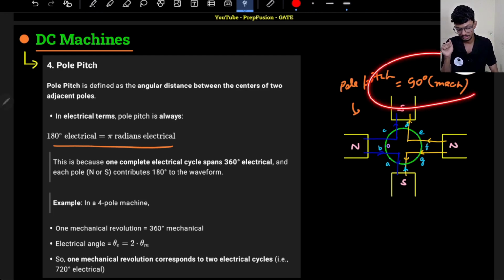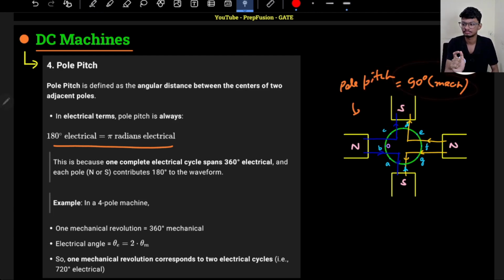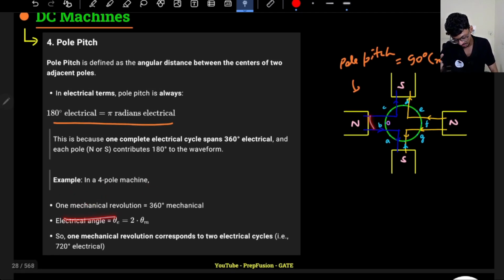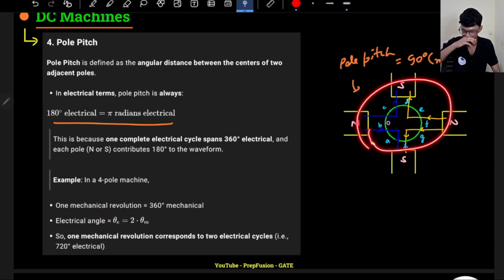If you want to mention mechanical angle, you have to write mechanical. Same example, if it is a 4-pole machine, one mechanical revolution will be 360, but the electrical angle will change. It will go from plus Bm, minus Bm, plus Bm, minus Bm. So in one complete physical rotation, there will be 2 cycles.